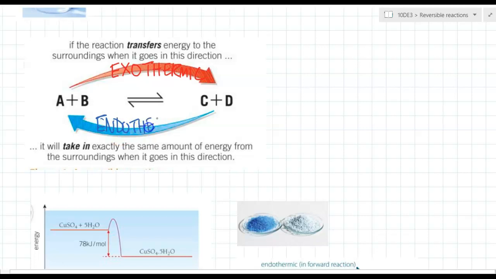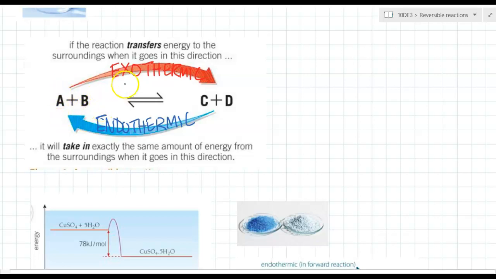And a key bit of understanding here is that if this is exothermic by a certain amount of energy in one direction, it's endothermic by the same amount in this.